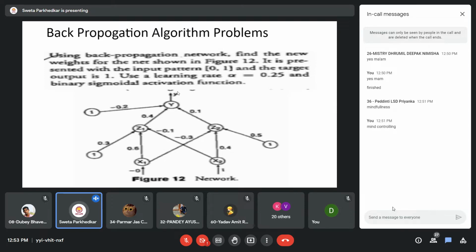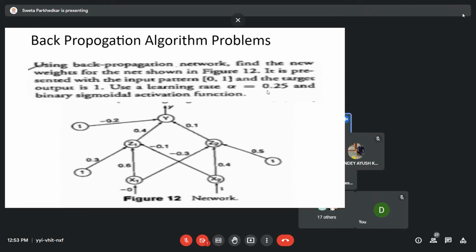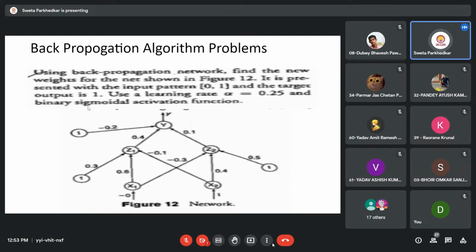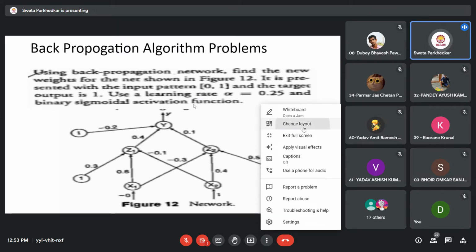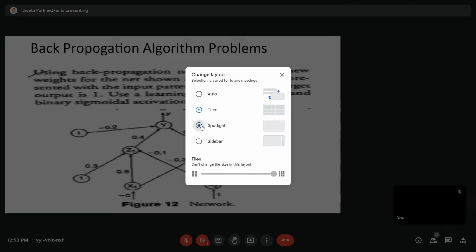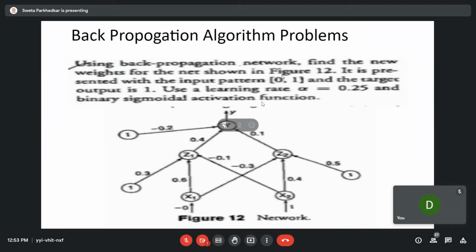तो देखते हैं हम लोग को कौन सी वेट्स पे वी गेट दिस टारगेट आउटपुट y इक्वल्स टू 1. सो यूज द लर्निंग रेट अल्फा इक्वल्स टू 0.25 एंड बाइनरी सिग्मोइडल एक्टिवेशन फंक्शन हमको यूज करना है. ओके, सो बाइनरी सिग्मोइडल एक्टिवेशन फंक्शन आपको याद है?